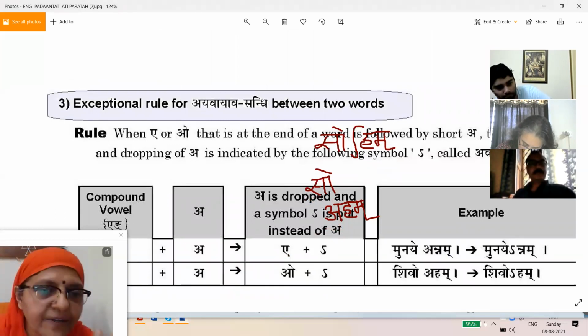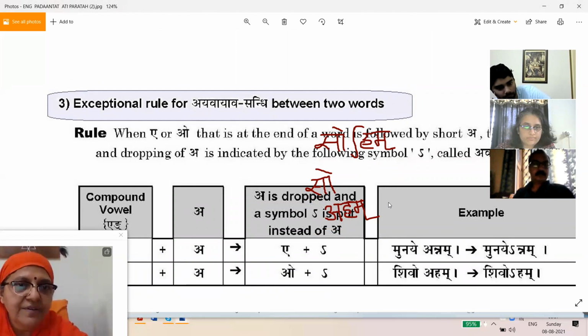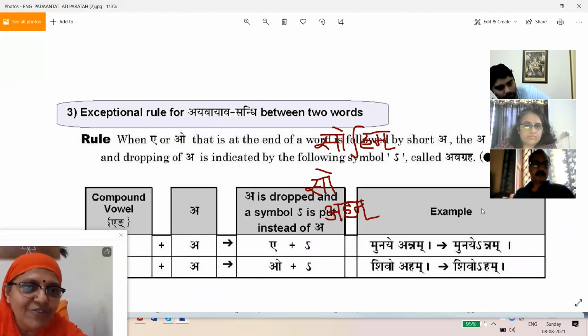Eng padantat atiparatah, in the Panini sutra. But in Anton, they have not given any example.